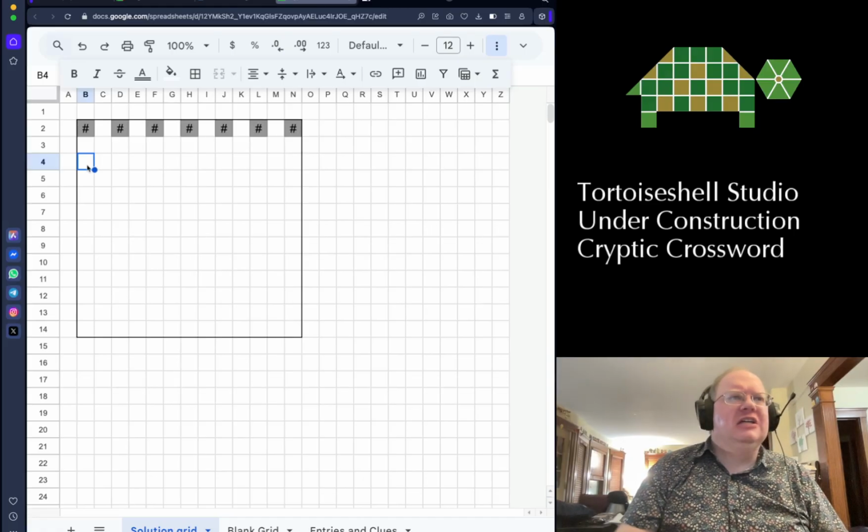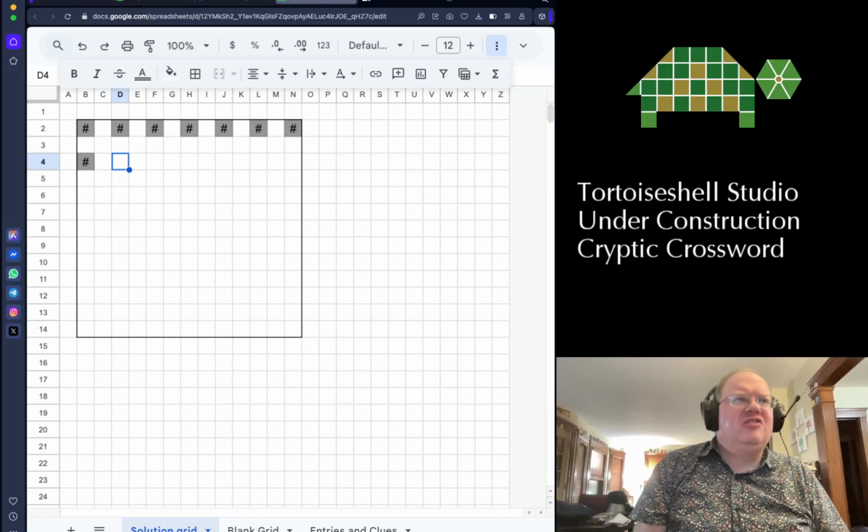But one thing about it is that because each of the 26 entries begins with a different letter, you can't have two entries that begin within the same square.